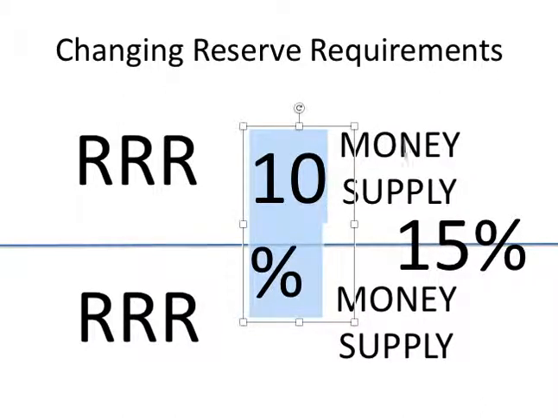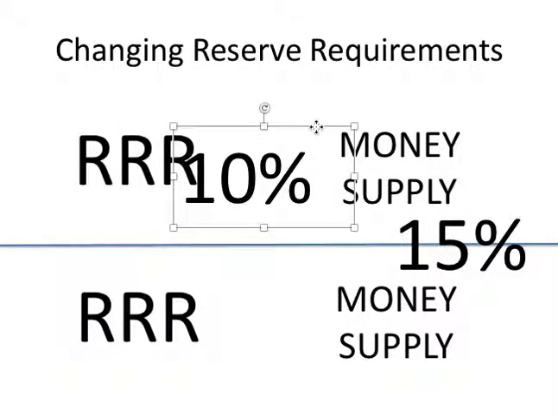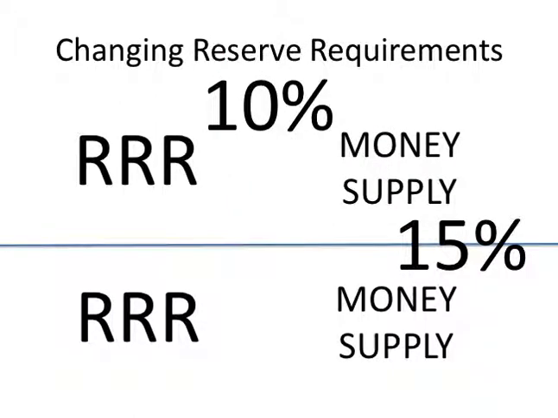What that means is that banks no longer have to have that 15%. They only have to keep 10% in the banks at all times, which means there's going to be an additional 5% cash available that banks can then cash out and use for loans.